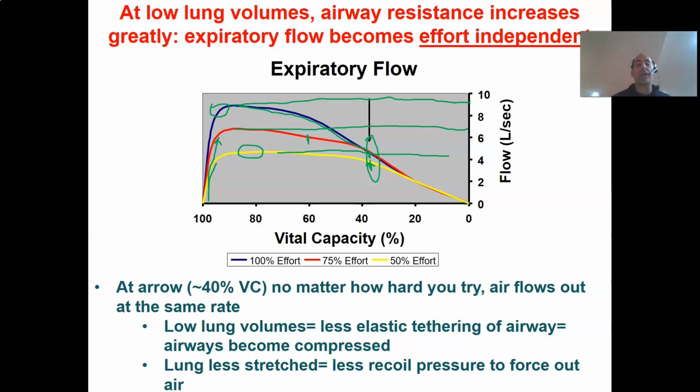So that is what we call effort independent. If you breathe out at 50% effort, 75% effort, or 100% effort, by the time you get to essentially the balance point, very close to the balance point between the lung and the chest wall, it becomes effort independent.